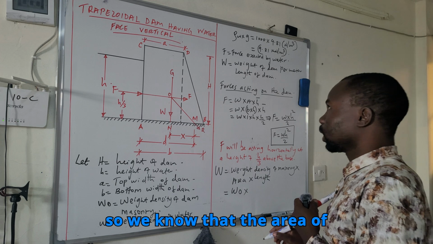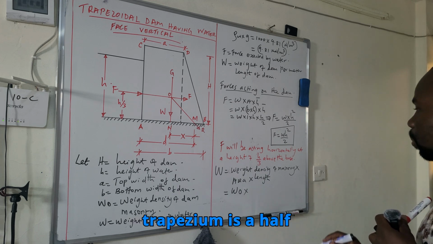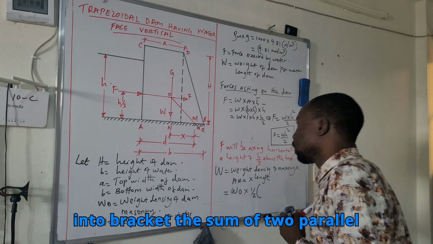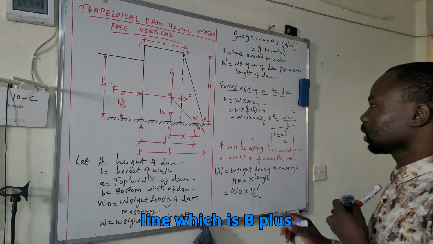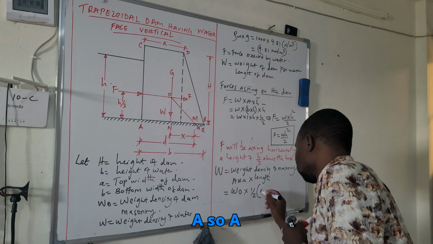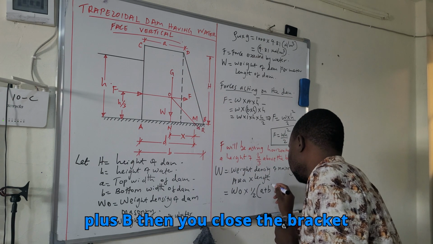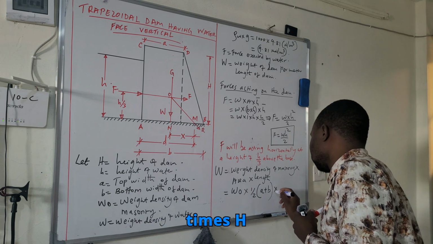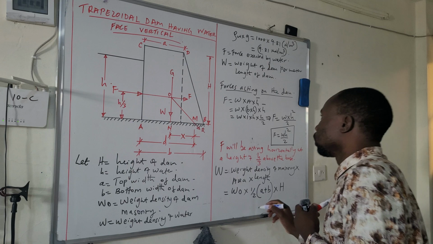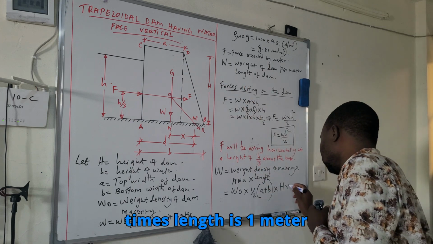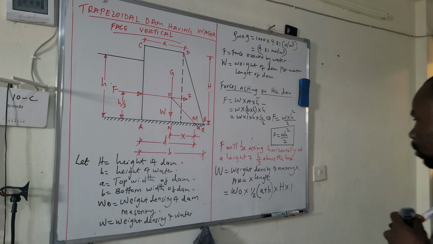We know that the area of a trapezium is a half into bracket the sum of two parallel lines, which is A plus B, close the bracket, times capital H, times length of 1 meter.